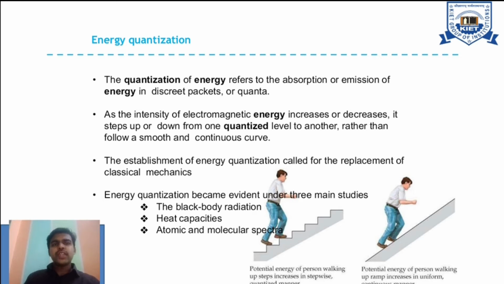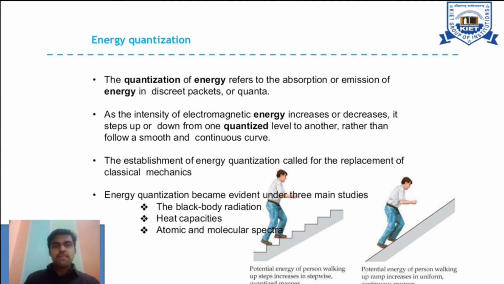After defining this major energy quantization concept, we establish energy quantization as a replacement of classical mechanics. As I already mentioned in the previous slide, classical mechanics failed because of experimental investigation. They already tried big atomic particles and failed. Then the scientists decided to deal with small electrons. So they established energy quantization to replace classical mechanics.